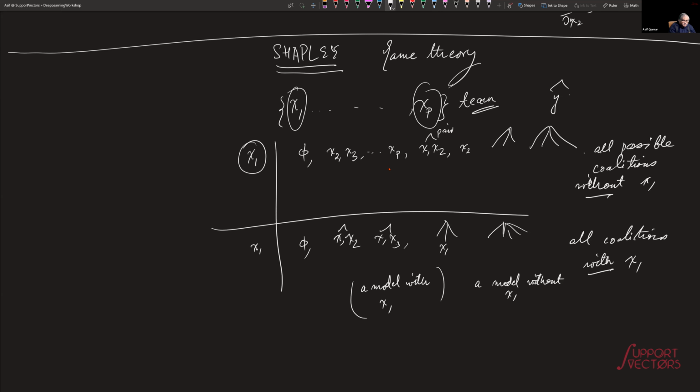Suppose the model is X1, X2, X7. These are included, so you take this model and the second model would be just X2, X7. Just keep these two features. You build a model with these and you look at the delta in performance, the delta in whatever your metric is, R squared, whatever it is.